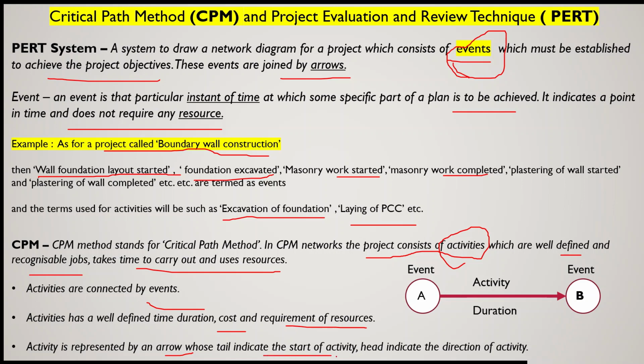The tail of the arrow will give you the start of the activity. That means it will indicate an event, that is the start of the activity, and the head direction will give you the information in which direction this activity is going on, and the head event will give you the completion of the activity. So again, this is the basic difference between event and activity.